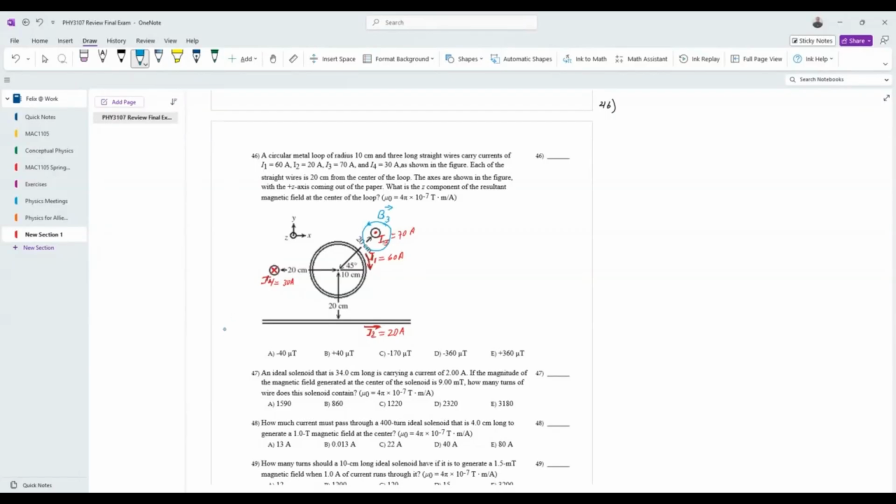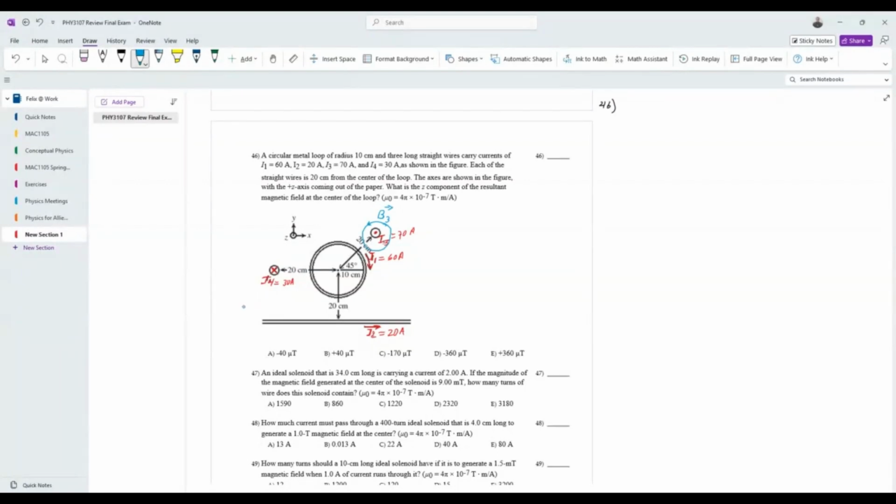So this is B3. These magnetic field lines are circular, surrounding the wire 3 with current I sub 3.